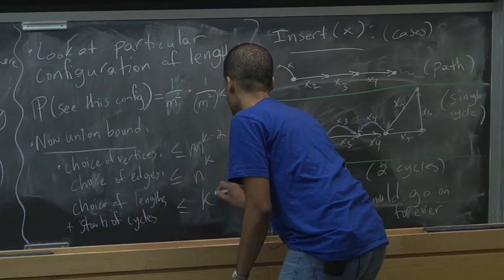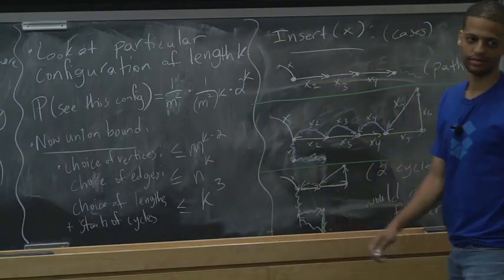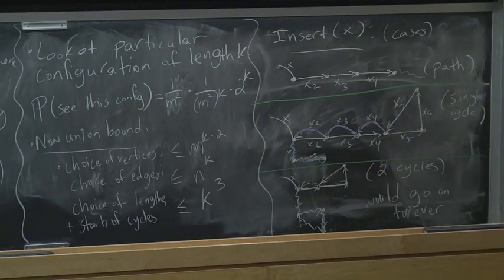That's at most k cubed. Right, k for each of them. k for the two starts, and k for the length of the first cycle. The length of the second cycle is already implied by the fact that this is a length k tour. But you could throw in another factor of k, it wouldn't really matter.